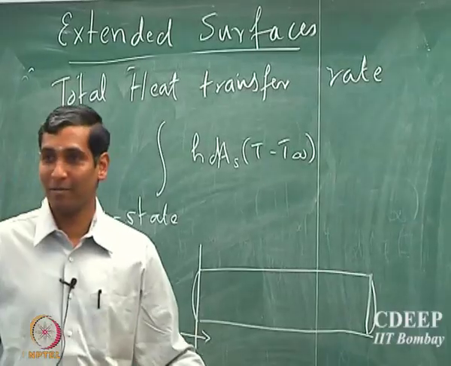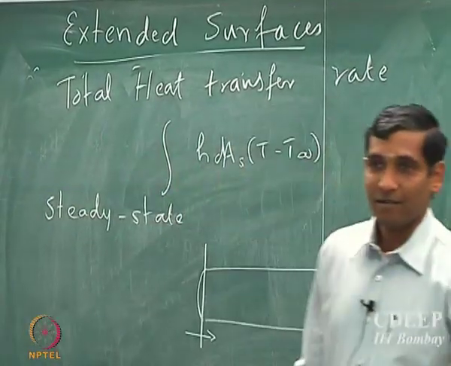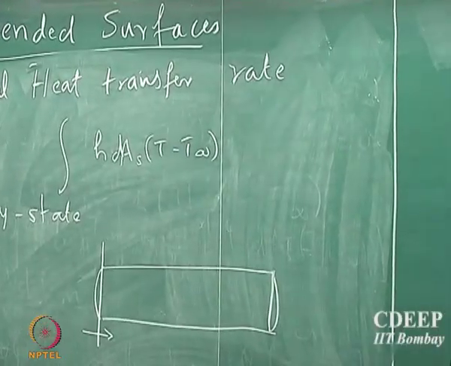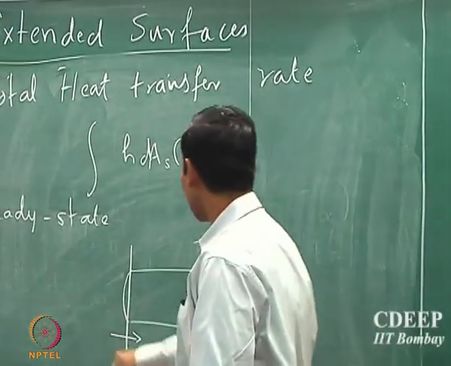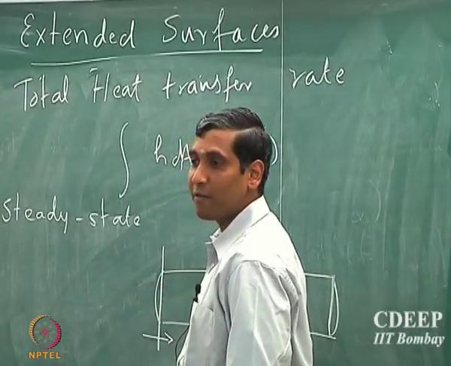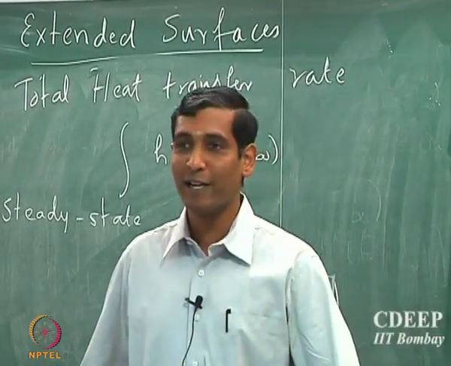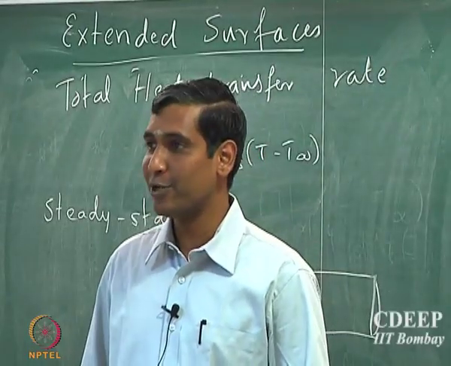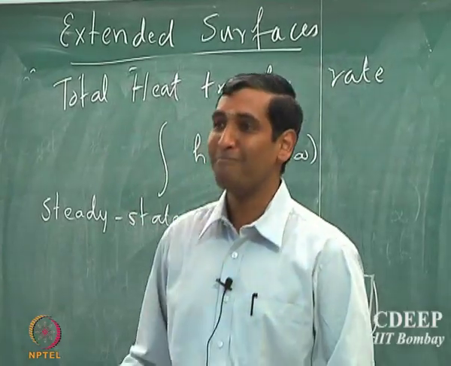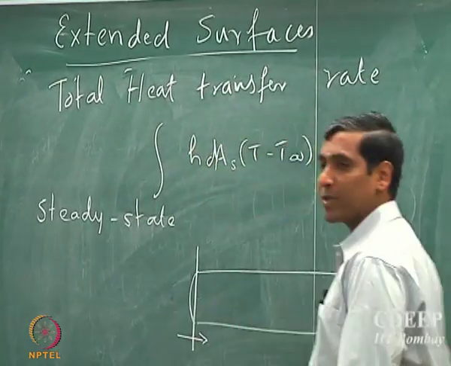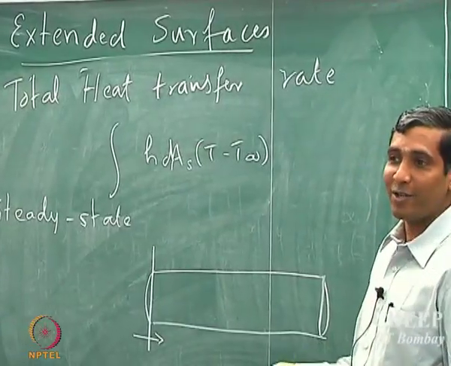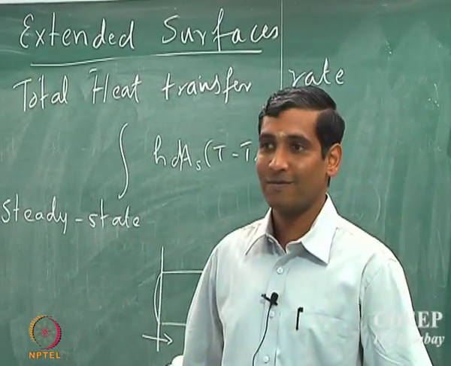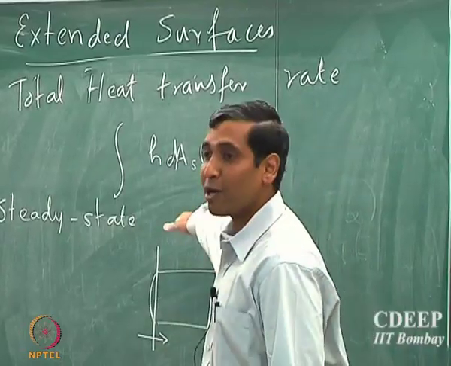So, it is a very simple thing. Is that clear to everyone? Whatever is the total amount of heat that is transferred from the base to the fin should be the total amount of heat that the fin is able to transfer. Because I said it is a steady state condition, the temperature profile has to be maintained. So, whatever heat that comes in should actually go out, otherwise the temperature profile is going to change. Our assumption is not valid.